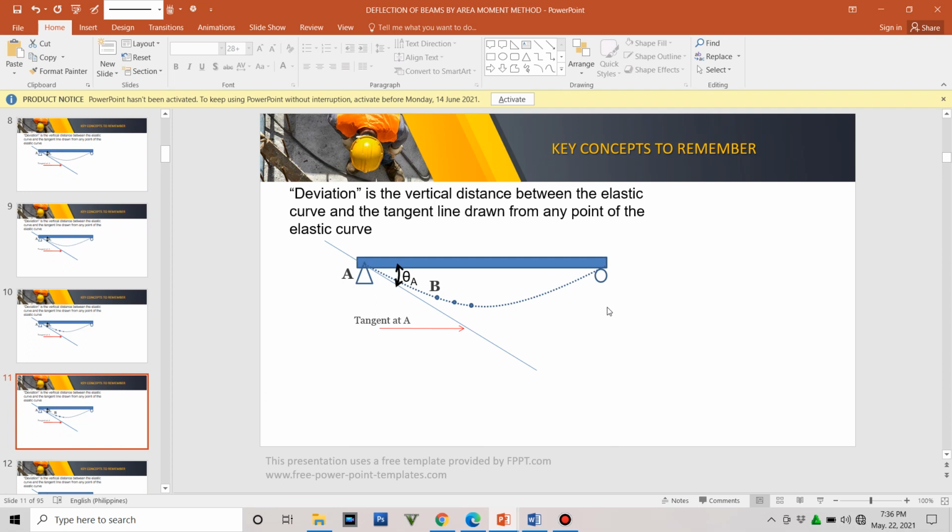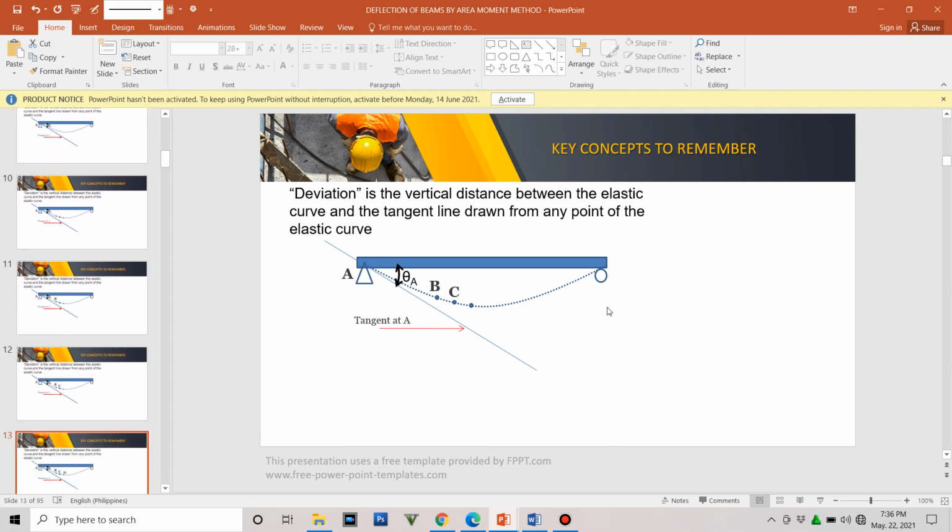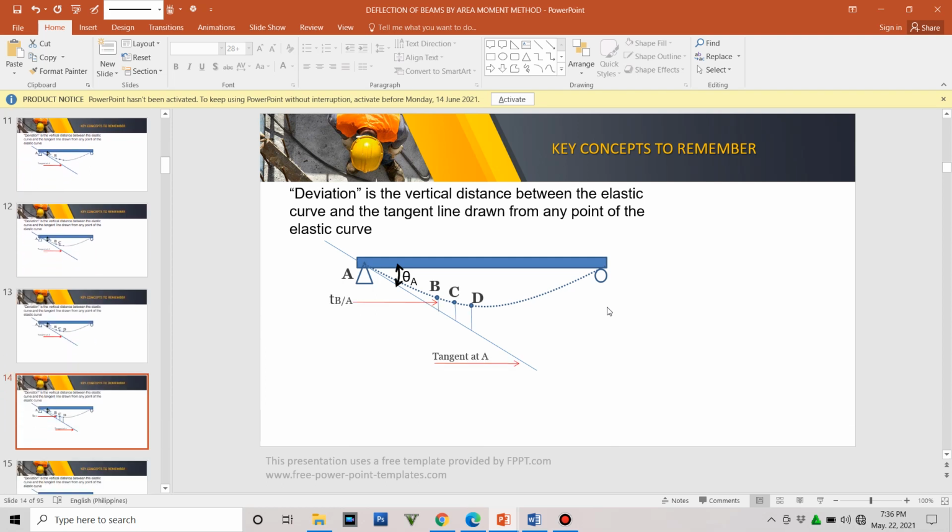So, let us name that as point B, point C, and point D. So, there will be a corresponding vertical distance of point B to your tangent line at A. And that is named as, ito, TB slash A. Or meaning, pag binasa natin to, deviation of B with respect to tangent at A. Okay? Deviation of B with respect to tangent at A.